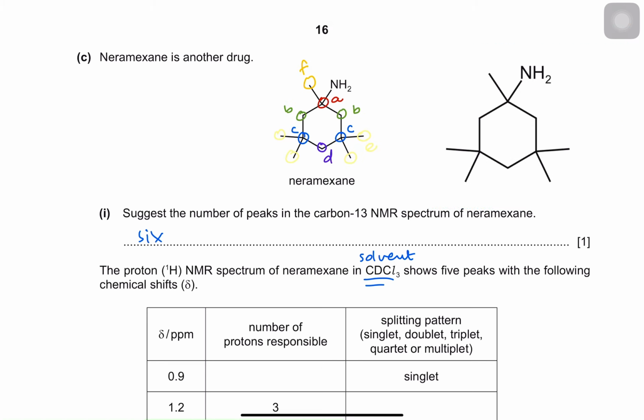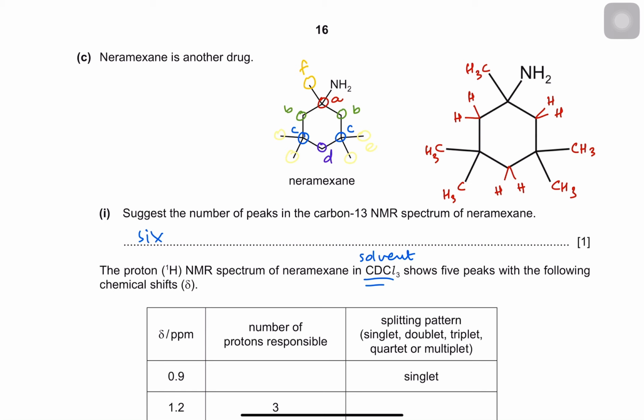And for this one, I'll just put hydrogens. So this is CH3. This is 2 hydrogens here, 2 hydrogens here. This is a CH3, CH3, CH3, CH3, and these are hydrogens.